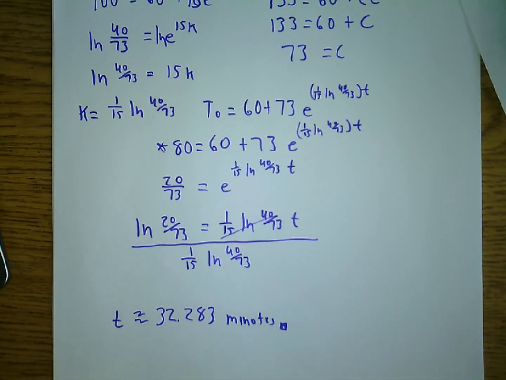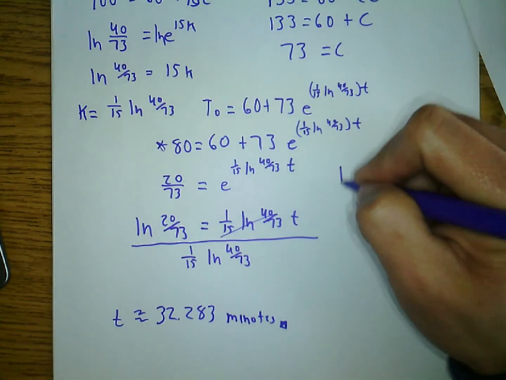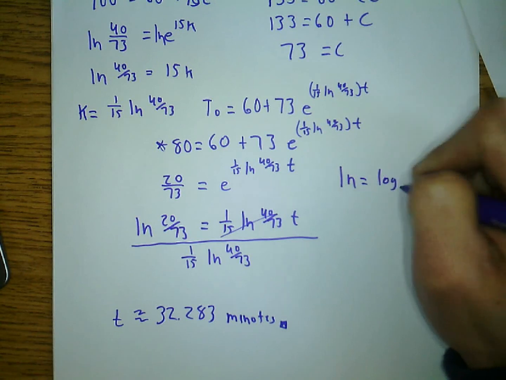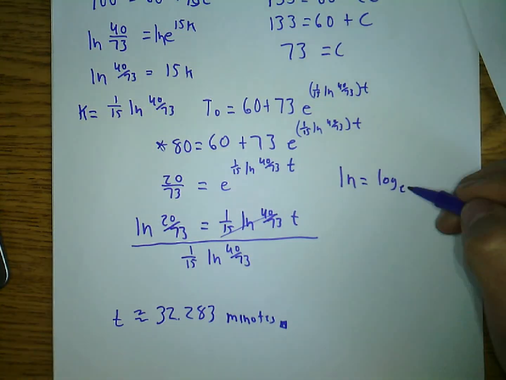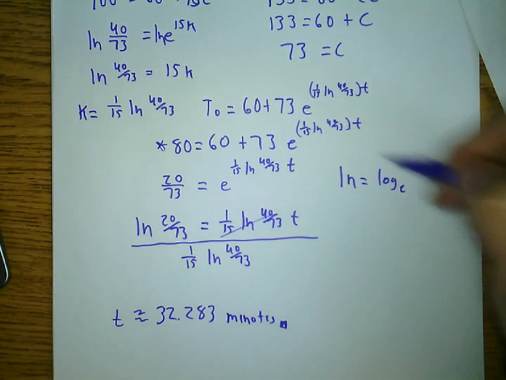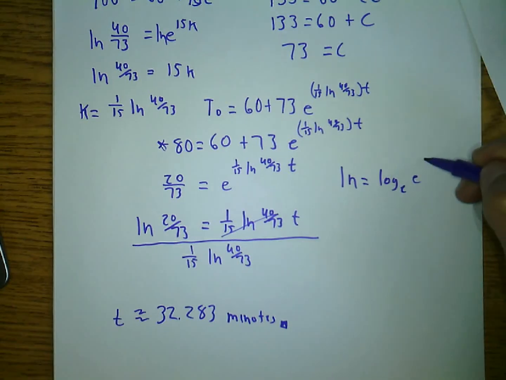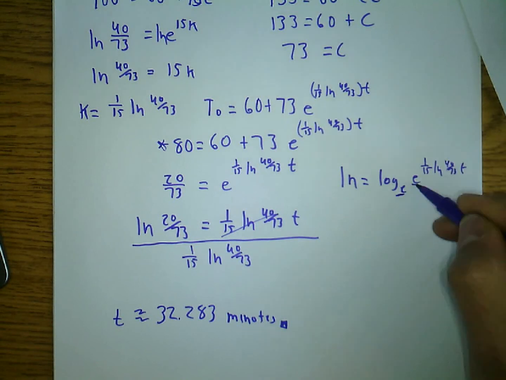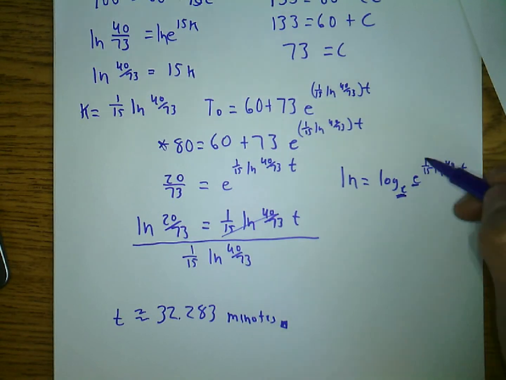So ln is the same thing as a log base e. Since I was doing log base e of e to the 1/15 ln 40 over 73 t, by the power property, since this is a power, it goes all the way in the front, and log base e of e is 1, so all of that times 1 is itself. Good question.